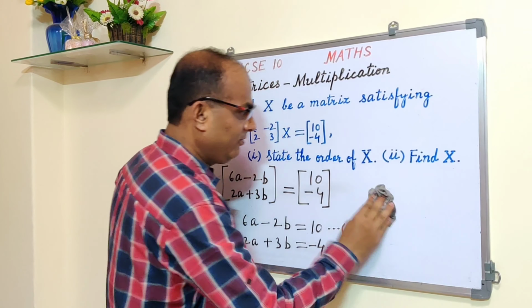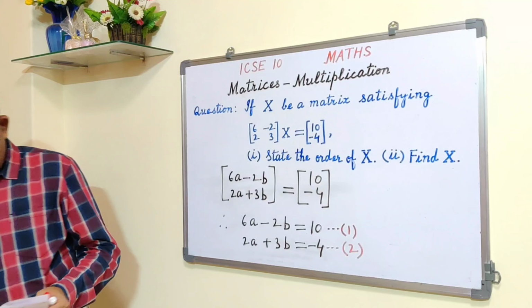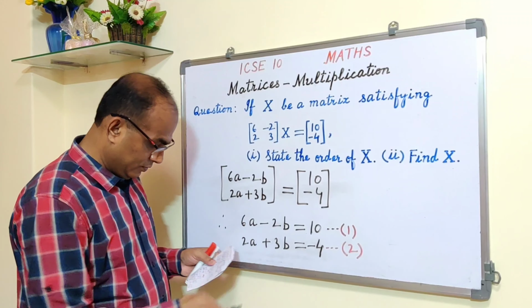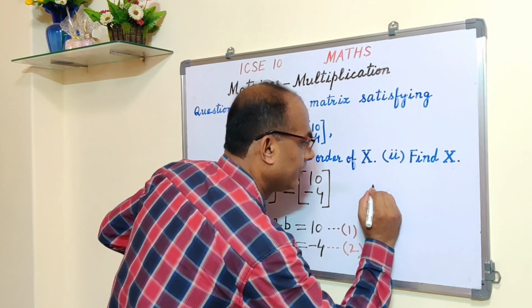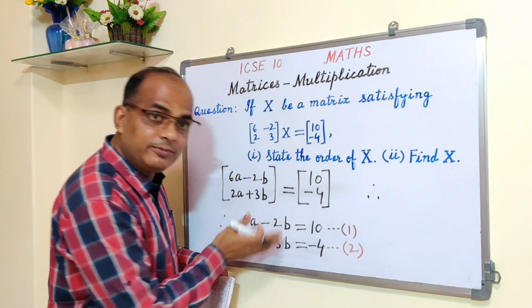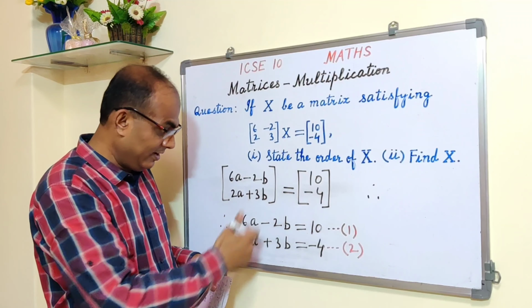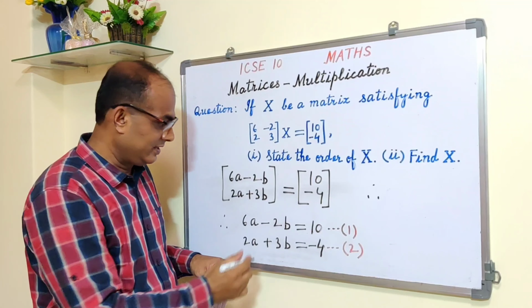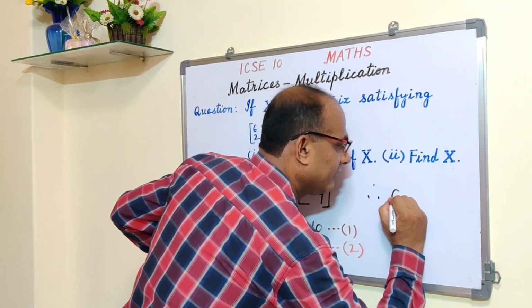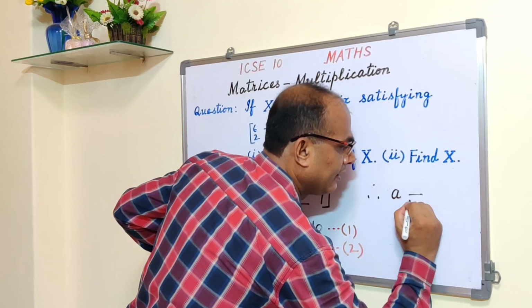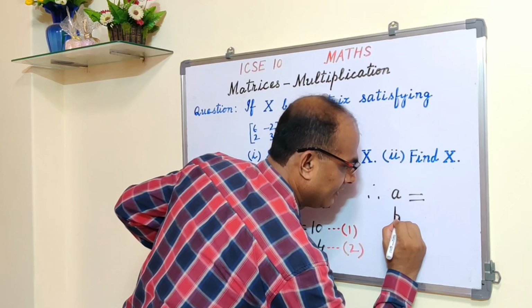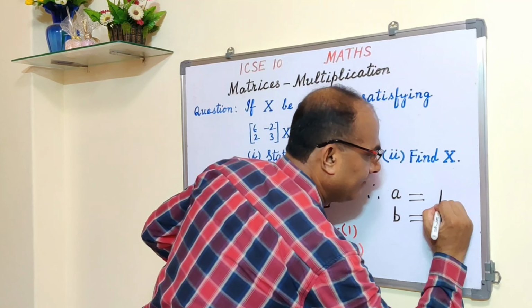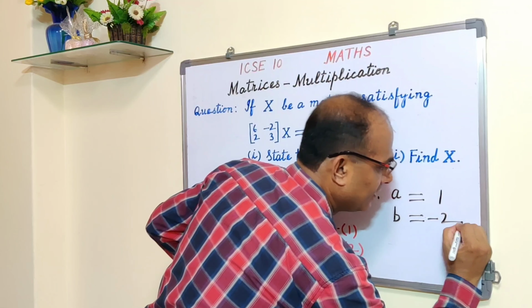You cannot write down directly. You solve these two simultaneous equations. When you solve, you get a is equal to 1 and b is equal to minus 2.